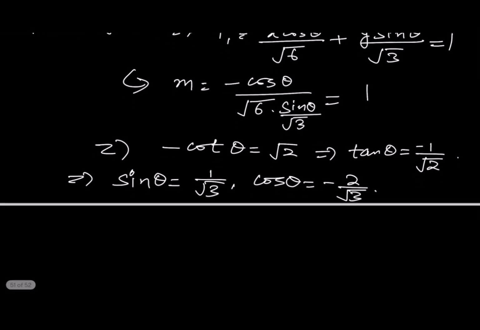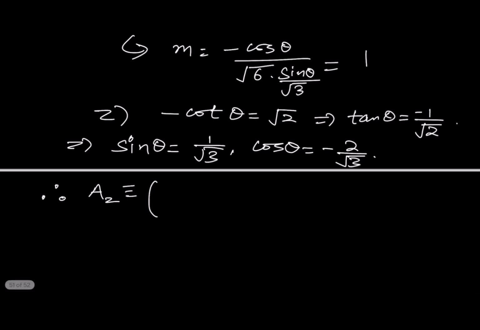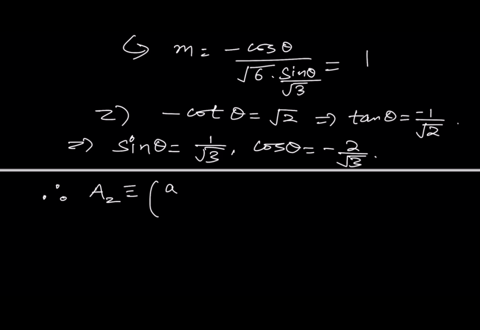Okay, now e2 is having coordinates as a cos theta comma b sin theta, and a is root 6, so root 6 cos theta comma root 3 sin theta, right?